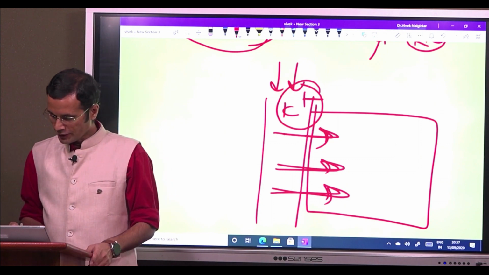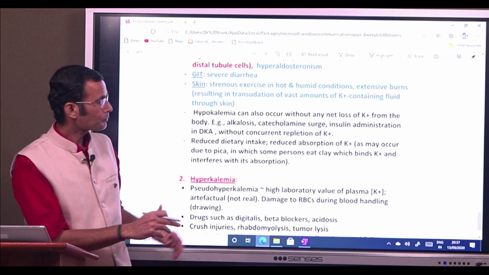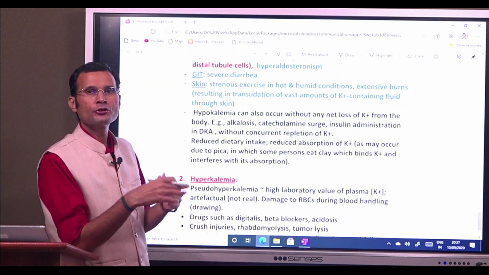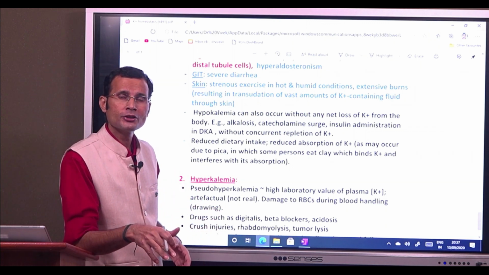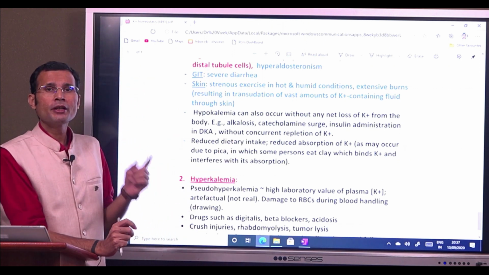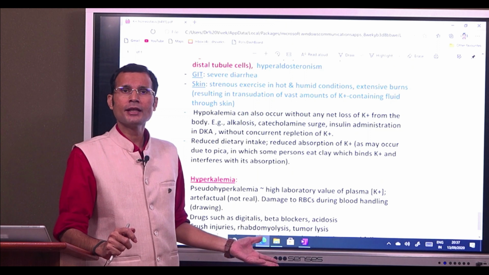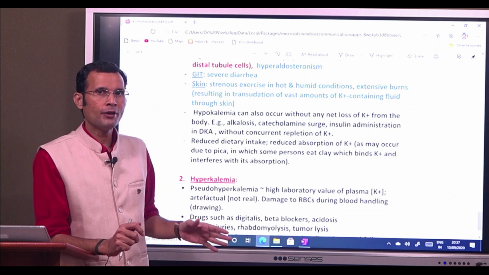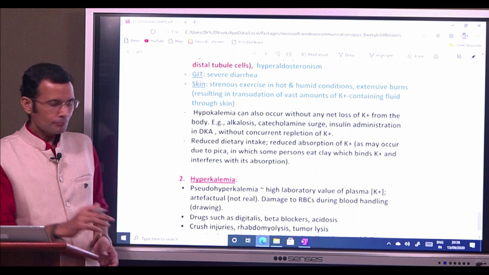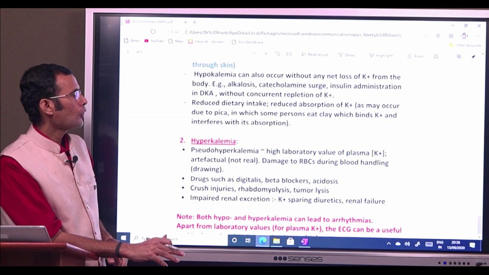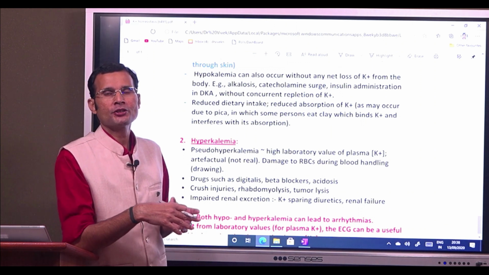So these are the conditions which I mentioned just now: alkalosis, catecholamine surge, insulin administration in diabetic ketoacidosis, they will all push the potassium. So remember this, whenever you are giving insulin in conditions like diabetic ketoacidosis, don't forget to administer potassium as well. Replenish the potassium. Then, reduced dietary intake or reduced absorption of potassium from the gut.